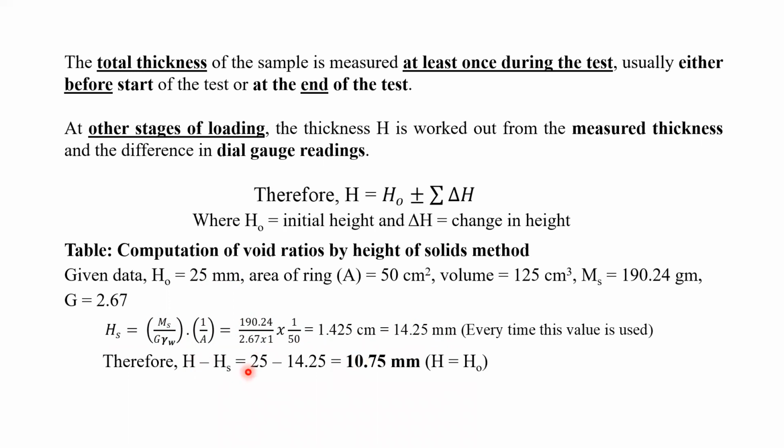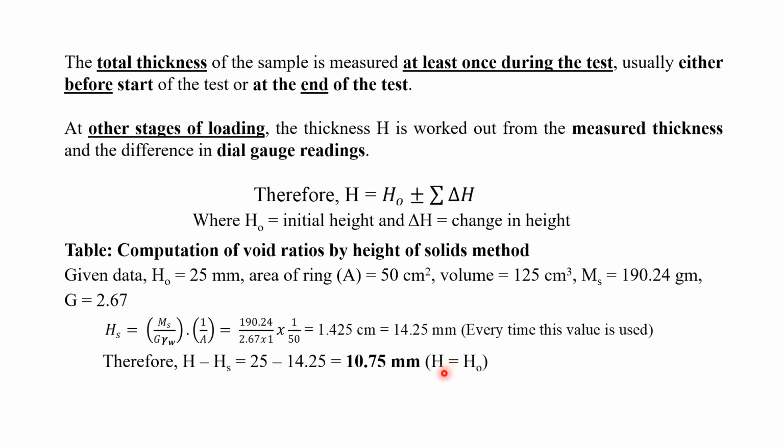So H minus Hs, where H is equal to H0, the initial height. The initial height is 25, and from this we subtract the height of the solid. So H minus Hs will be equal to 10.75 millimeter.